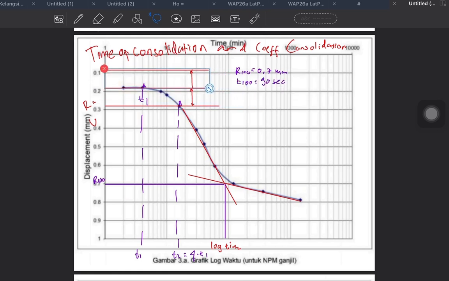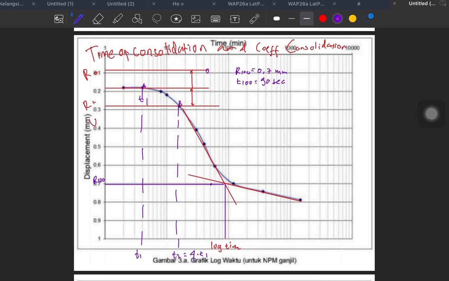Those are the lines that we need to draw to define the R0. So now we can get the first line as R0 and the second line as R100.